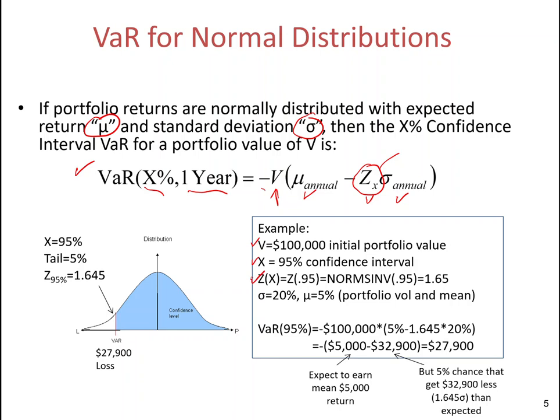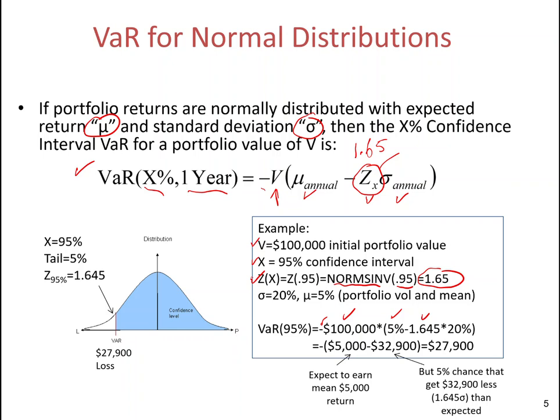Z of X, using Excel's NORM.S.INV function of 0.95, gives you a value of 1.65, or more precisely 1.645. So we can write this formula out: minus V, $100,000, times the expected return, 5%, minus 1.645 times the volatility.